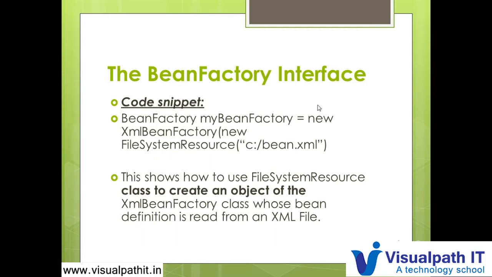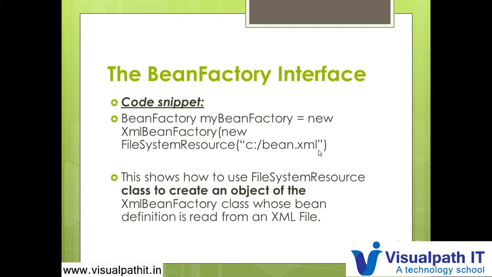Let's look into a small code snippet with which we can understand it very clearly. First is the BeanFactory interface. This is an object of this class. With new XmlBeanFactory, we are creating a new FileSystemResource, that is, we are reading whatever is present in the C drive bean.xml.